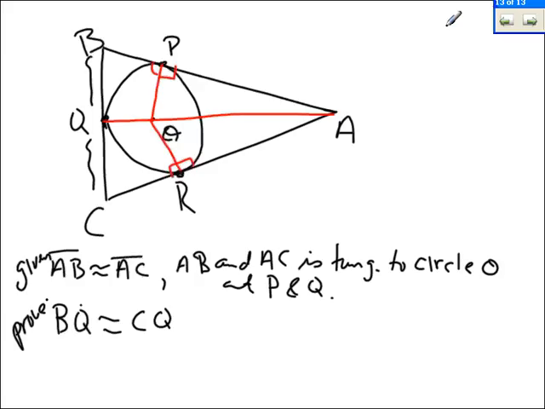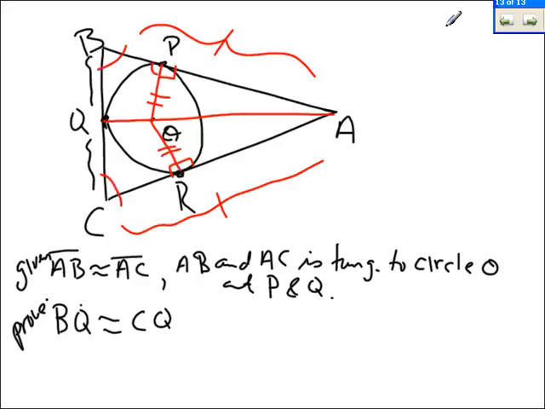And I also know that this angle and that angle are equal because BA and CA are congruent. These are equal to one another. Give those two slashes.